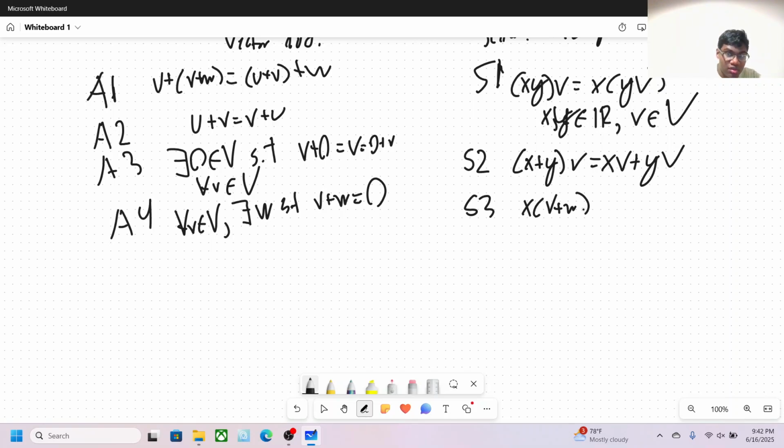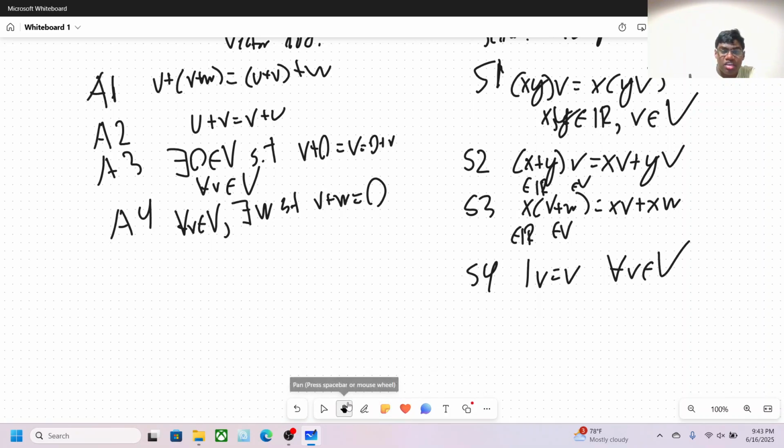This is distributivity of the scalars over the vectors, because these guys live in V, these guys live in R. This is a distributive law with respect to the scalars, and this is a distributive law with respect to the vectors. And finally, we have a rule that for 1 in R, 1V equals V for every V in V.